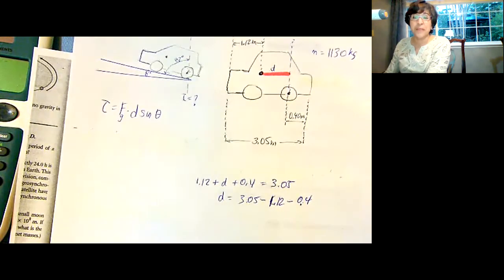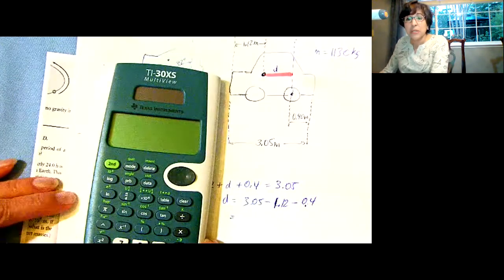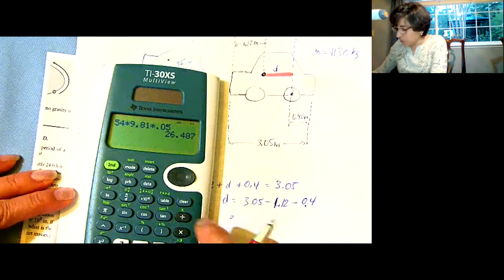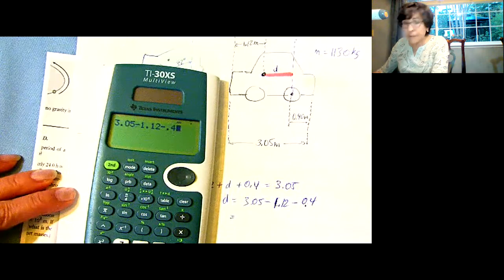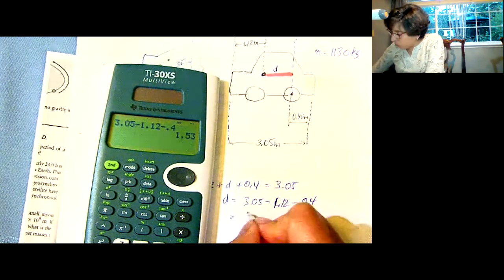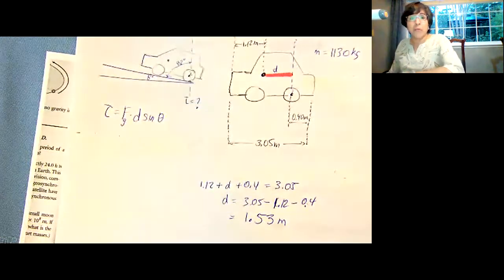That works too. I was going to add them up and then subtract them, but they're all correct ways of doing it. So let's figure out what D is. 3.05 minus 1.12 minus 0.4, and I get 1.53 meters. All right, now I'm ready to plug stuff in.